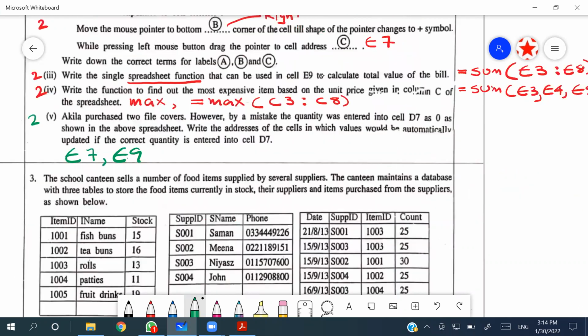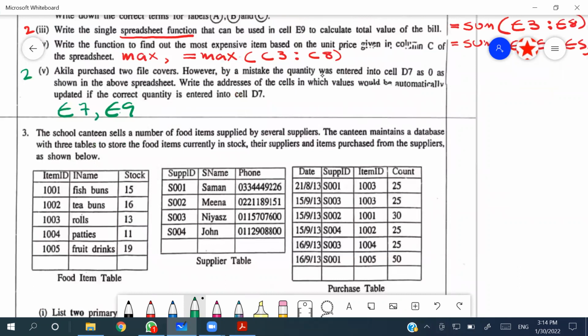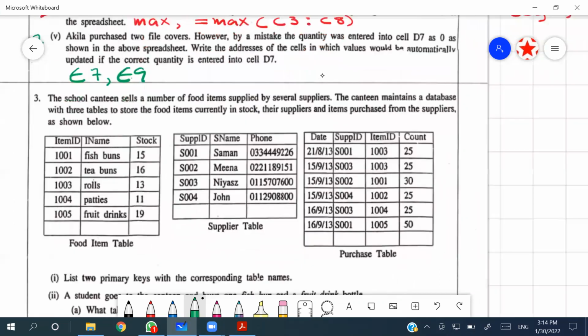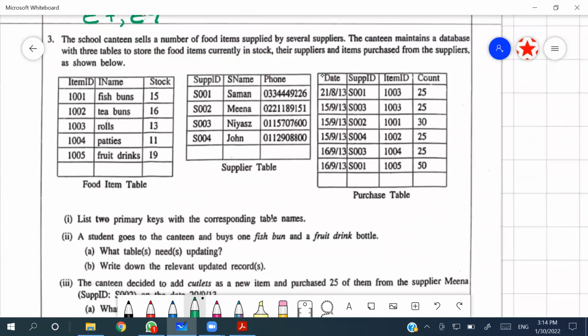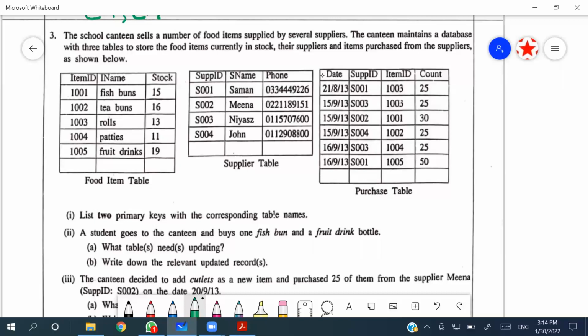Right, moving to the third question. The school canteen sells a number of food items supplied by several suppliers. The canteen maintains a database with 3 tables to store the food items currently in stock, their suppliers and items purchased from the suppliers as shown below. So they've got 3 tables: the food item table, supplier table, and the purchase table.